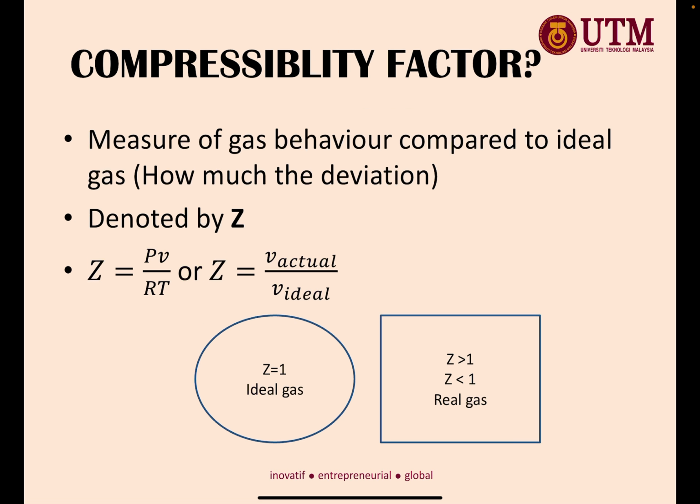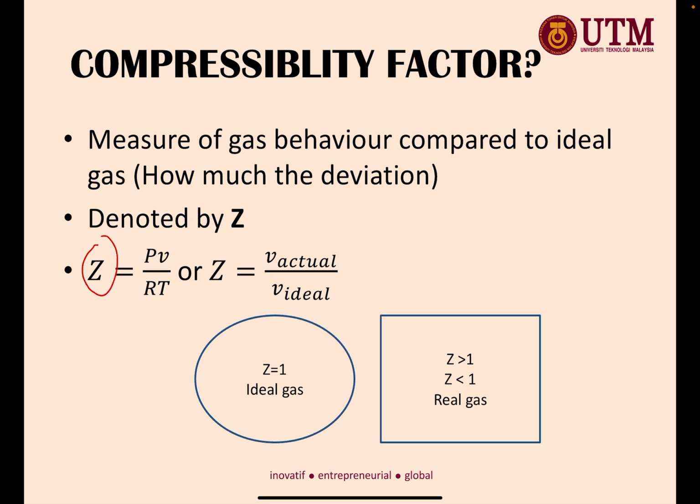So how do you know whether a gas is an ideal gas or not? The ideal gas can be determined by the compressibility factor, denoted by Z. It is the ratio of PV over RT, or the actual specific volume divided by the ideal specific volume.